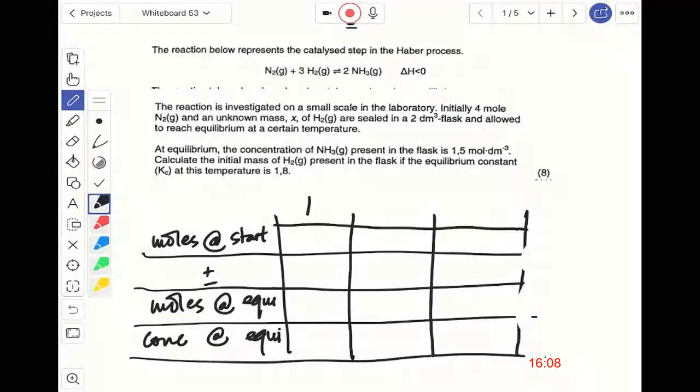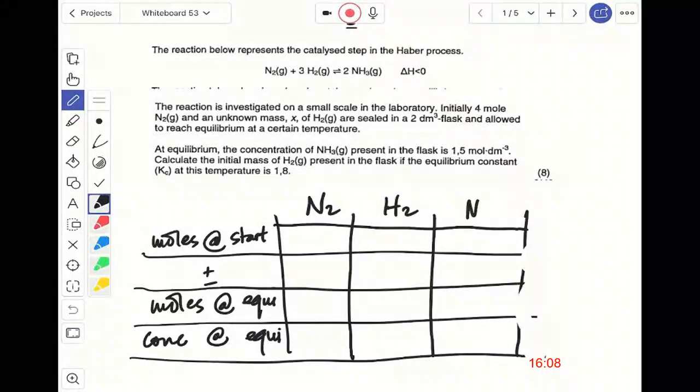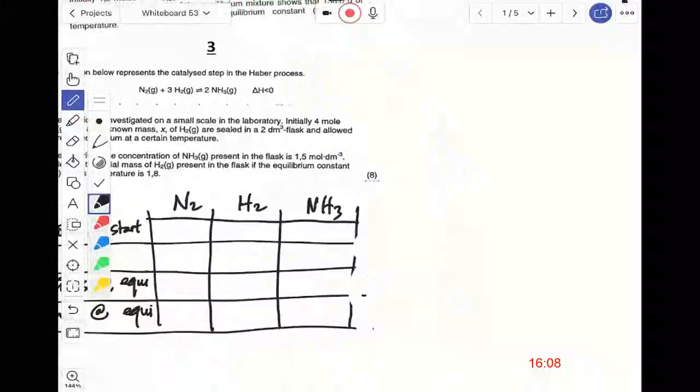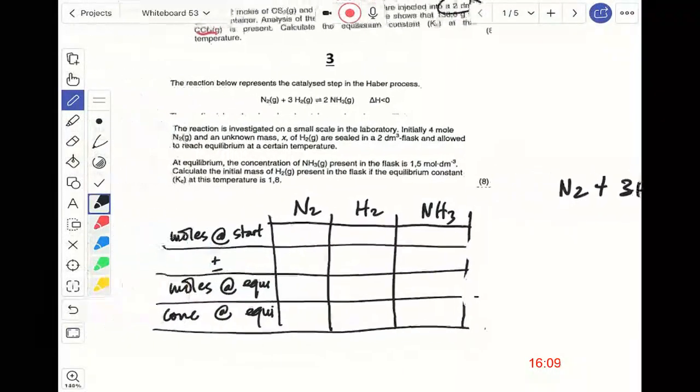Nitrogen, hydrogen and ammonia. Let me just write the equation down there: nitrogen plus 3 hydrogen gives 2 ammonia. And we can look at that again when we need to.